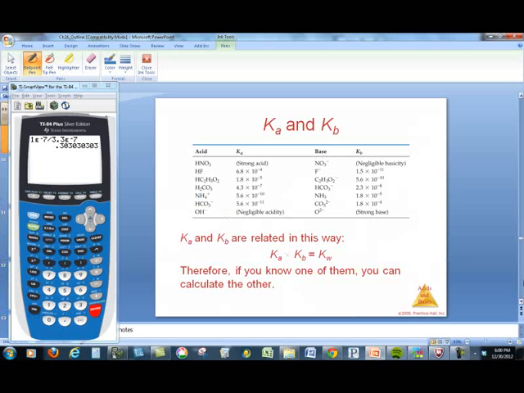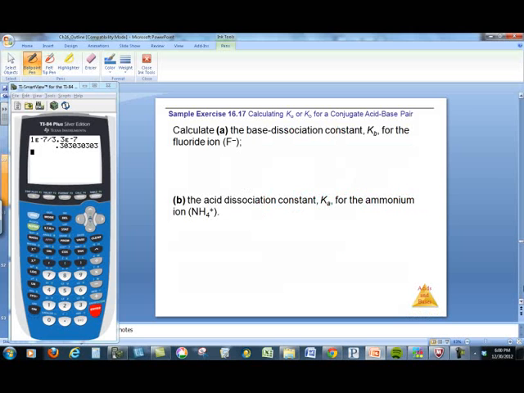Okay, so we know Ka and Kb, the product of those two gives us Kw. So if we know one of them, we can calculate the other. These are pretty easy. So we want to calculate the base dissociation constant, which means Kb, of the fluoride ion. In order to do that, I need to look up the Ka of HF, and this again will be given to you.